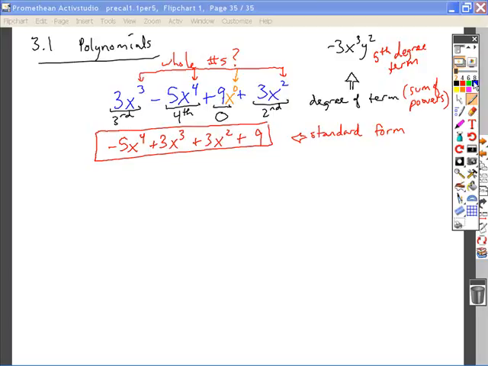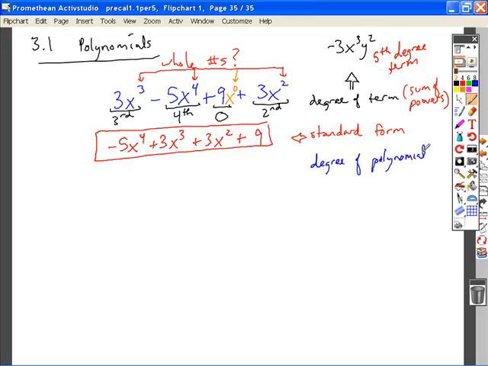If I was asking you to identify the degree of the polynomial, which is a similar request as the degree of the term, however, the degree of the polynomial is just going to be the degree of whatever the highest term is.